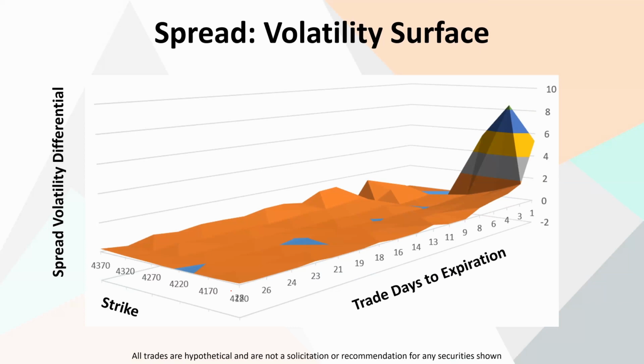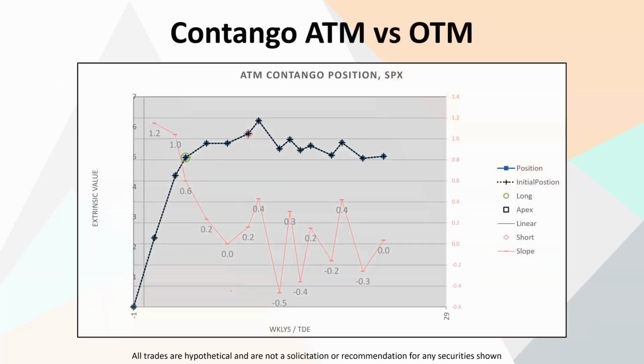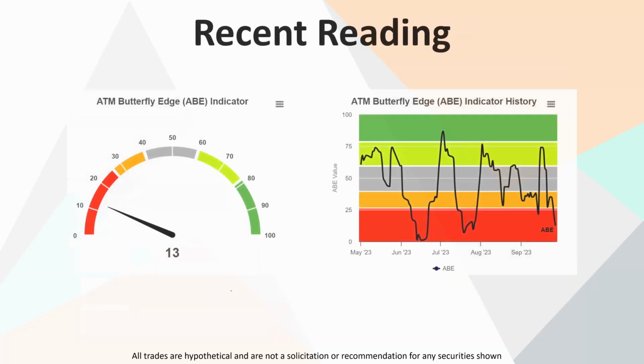We combine this with my proprietary options modeling to determine if those options are relatively priced well or not so well in that particular options environment. We also look at the decay signatures of those options, feed that into a machine learning algorithm, and boom, we get our Abe indicator.